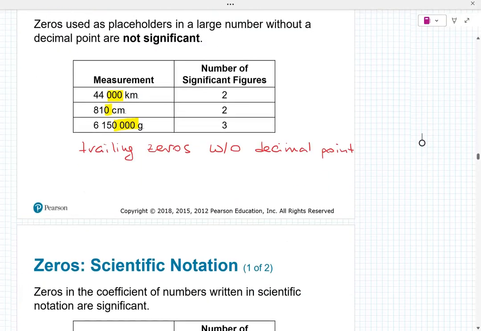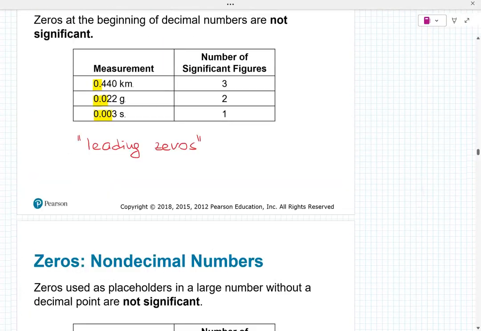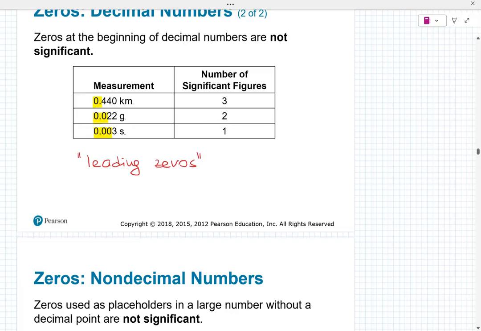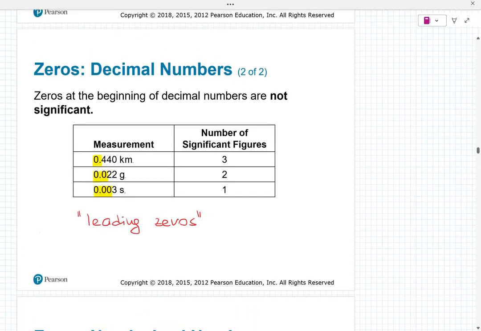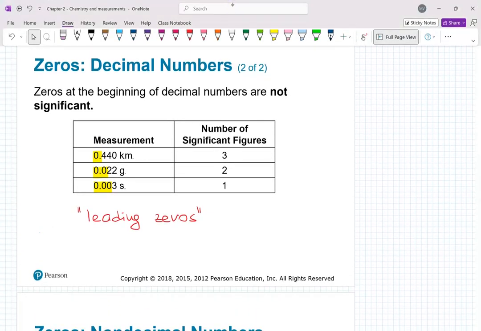Now, the explanation to this lies in the scientific notation. So let me explain. Can we rewrite the numbers in this table in scientific notation? Can we move the decimal point? Yes? So let's write the first number in scientific notation.